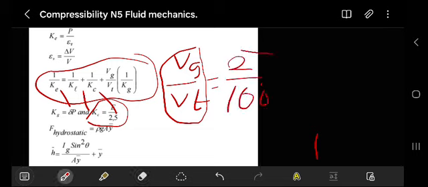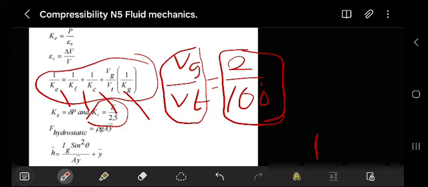So we replace this with this. It will depend on what air percentage they've given us. KG is this one, we've calculated it. You must understand your stuff, right? Go to my playlist, then you'll understand. I've explained these things.